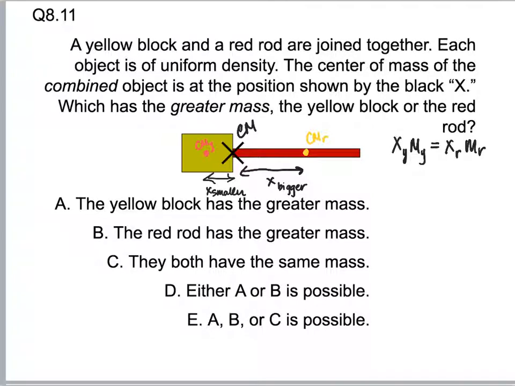That tells you the center of mass is right in the center. Because the X of the yellow block is smaller than the X of the red block, the mass of the yellow block has to be bigger than the mass of the red block. And so the yellow one has the greater mass.